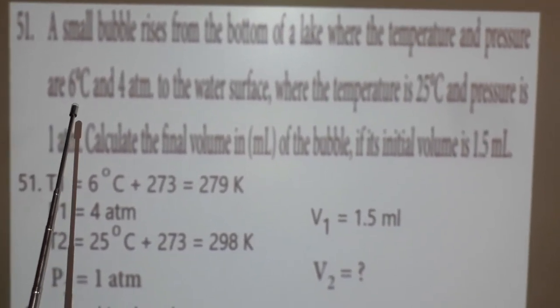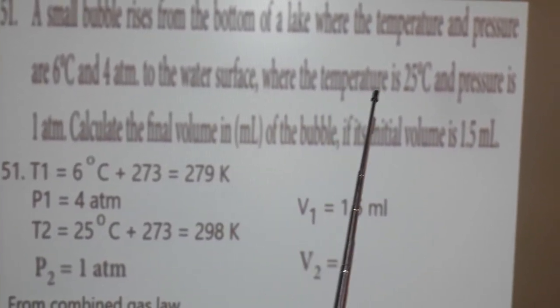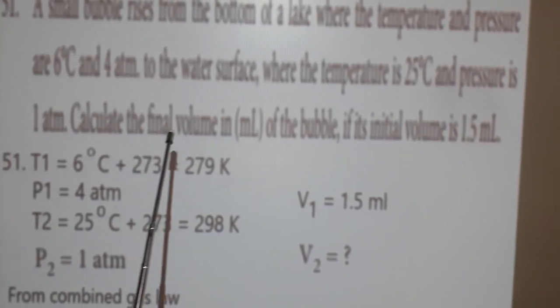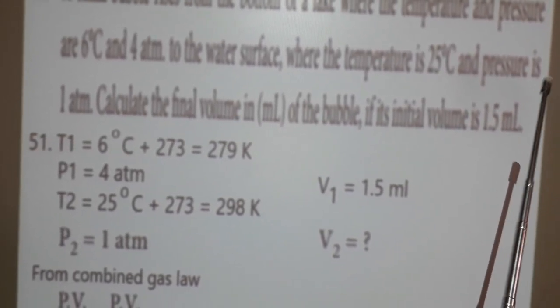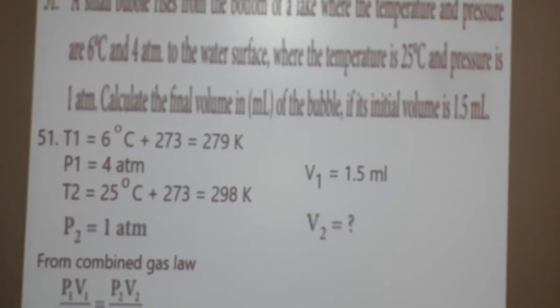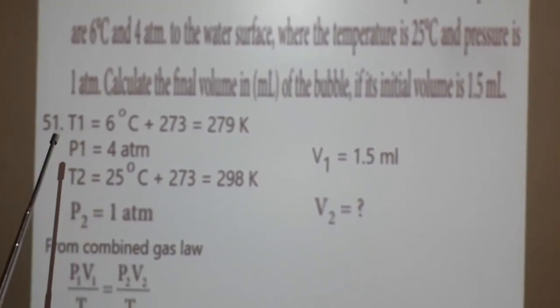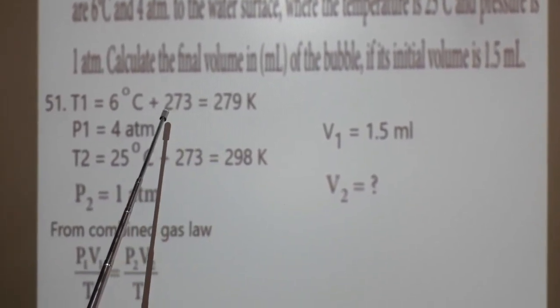Then question 51: a small bubble rises from the bottom of the lake, where the temperature and pressure are 60 degrees Celsius and 4 atmosphere, to the water surface, where the temperature is 25 degrees Celsius and pressure is 1 atmosphere. Calculate the final volume of the bubble if its volume is 1.5 ml. It is the same as the previous problem. They have given the initial temperature 60 degrees Celsius, which we change to Kelvin by adding 273.